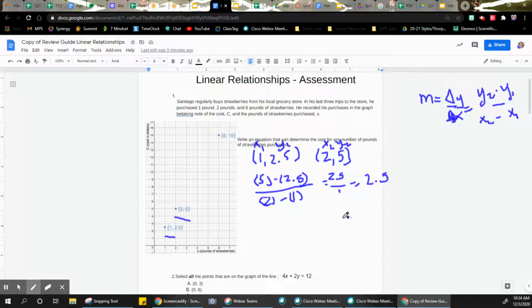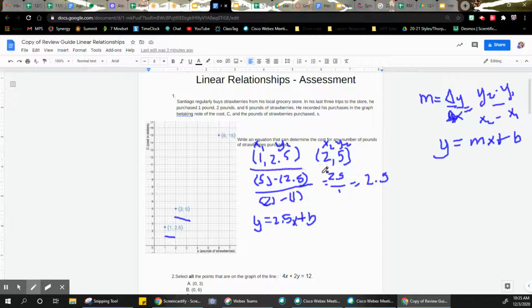Now I have to figure out what my y-intercept is. In order to do that, I've got to plug it into my slope-intercept form equation, which is y equals mx plus b. Okay, so I'm going to plug in 2.5 for m, and then I'm going to pick a point to plug in for my x and my y.